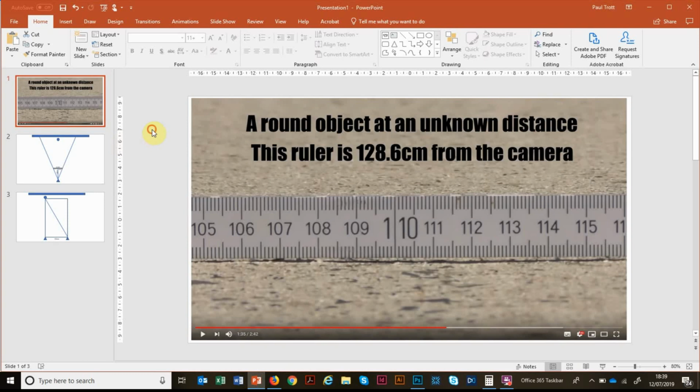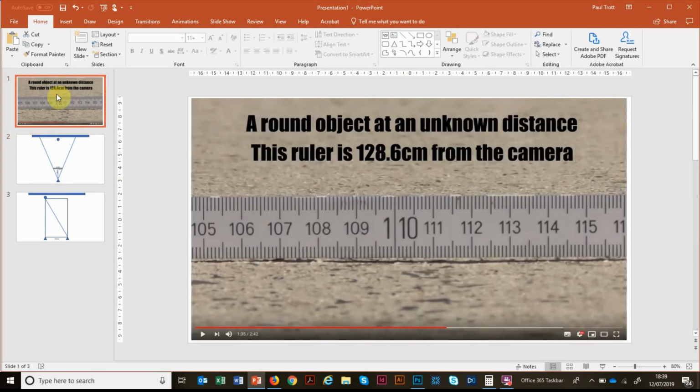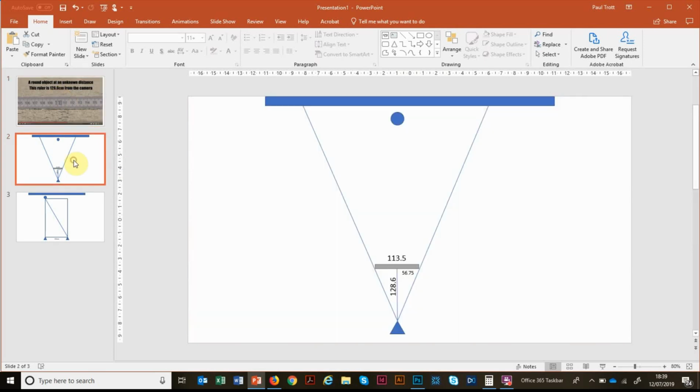I've drawn this out a little bit here. Here there's the ruler, which we know is 128.6 centimeters from the camera. There's the camera, there's the ball, and here is the ruler.